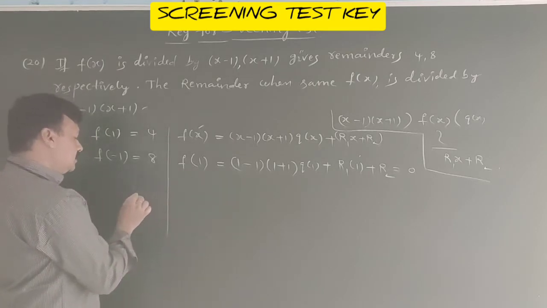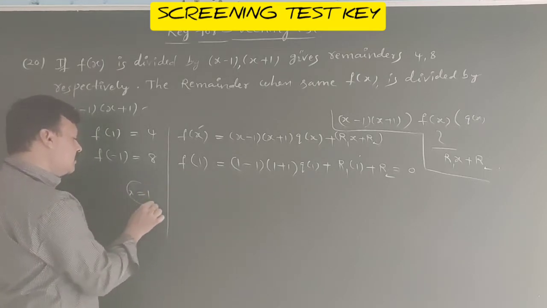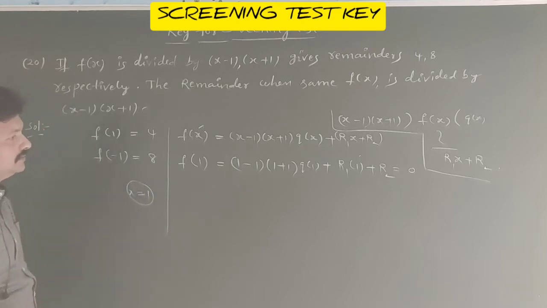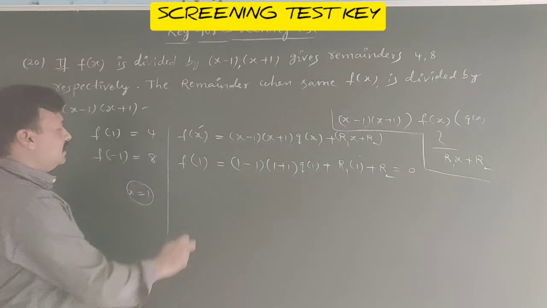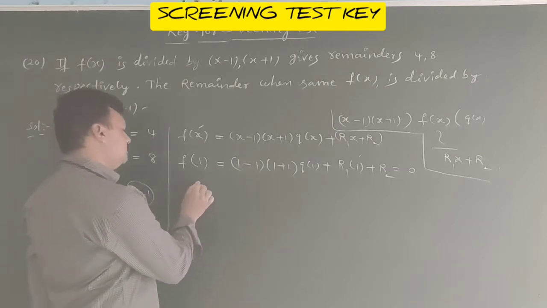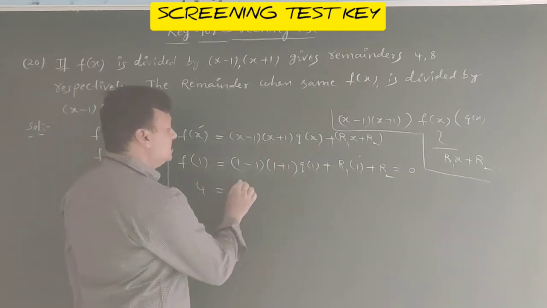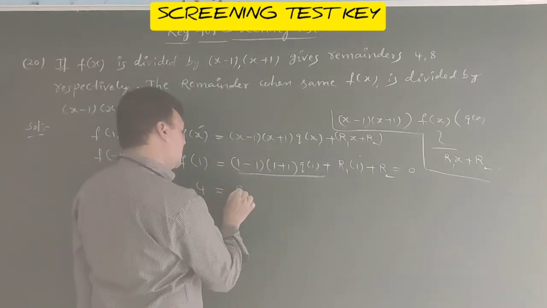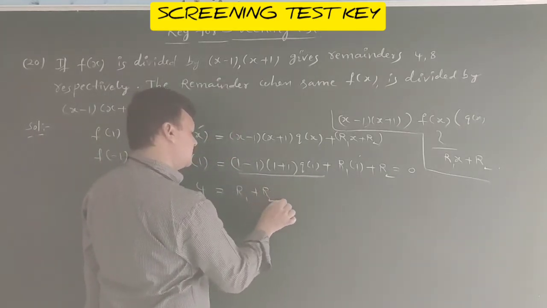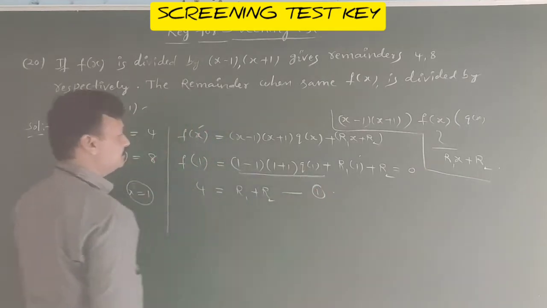Here if x equal to 1, now f of 1 is 4. So 4 equal to, here 0 into something equal to 0, then you get R1 plus R2. That is the first equation.